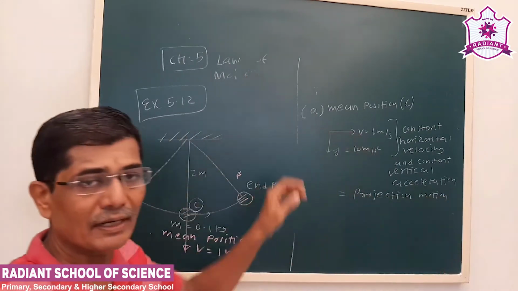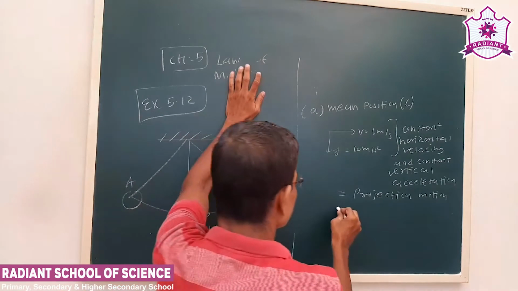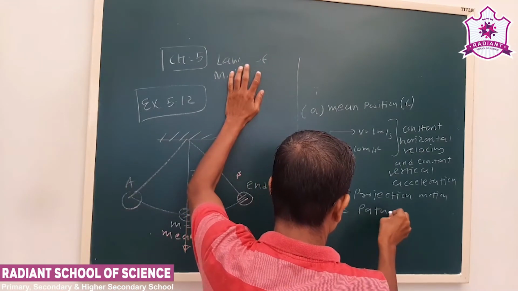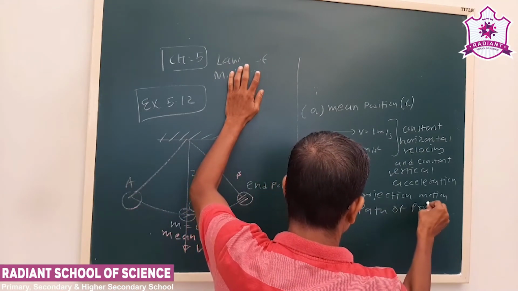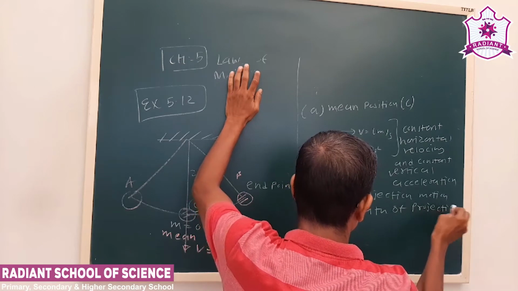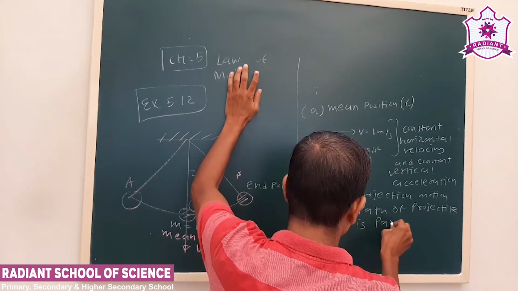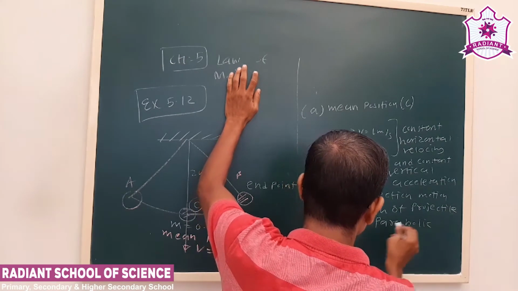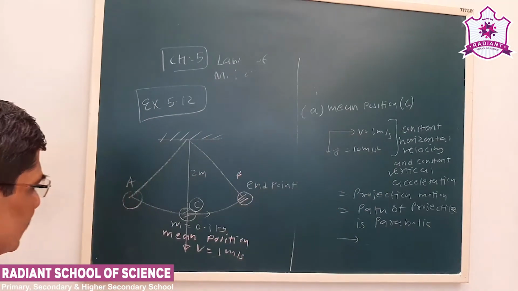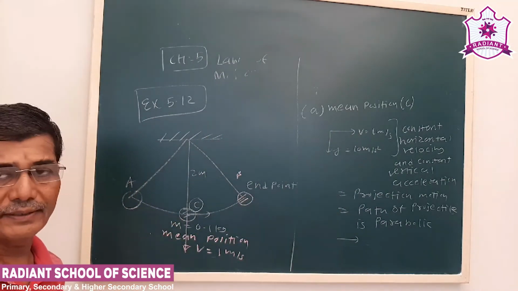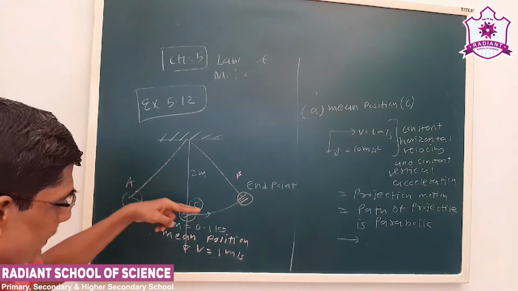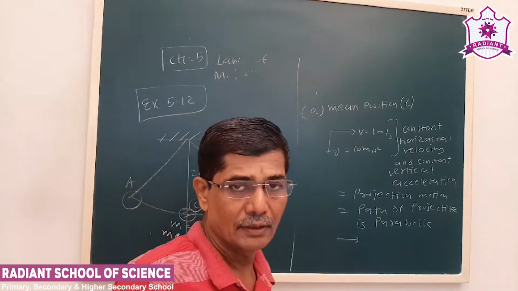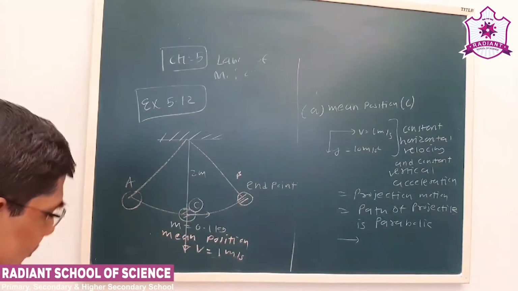Now we know that the path of a projectile is parabolic. So we can say when the stone or sphere is at the mean position and the string is cut, it will move on a parabolic path. That is projectile motion.